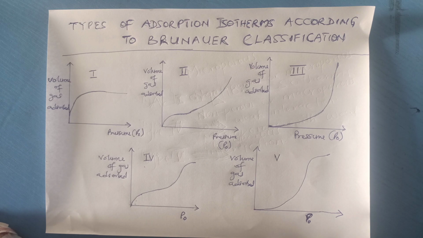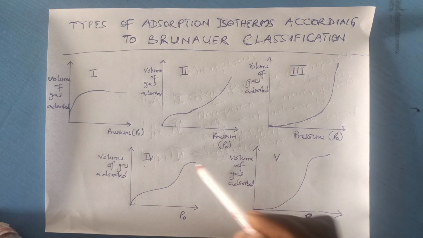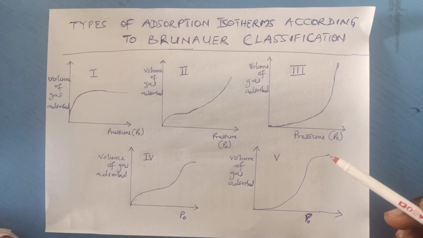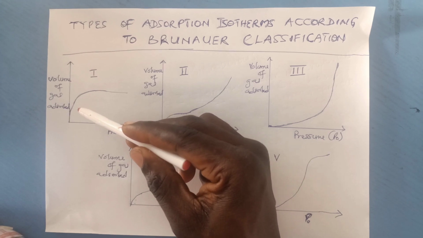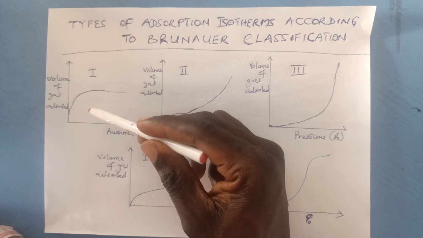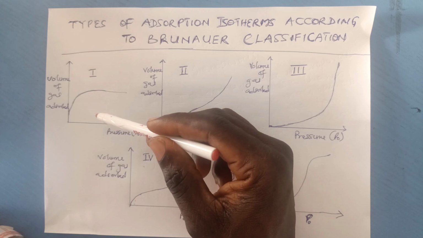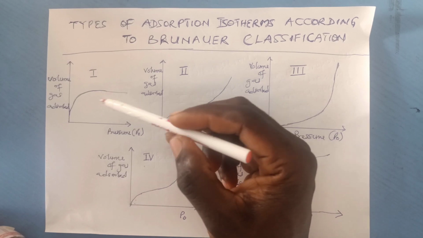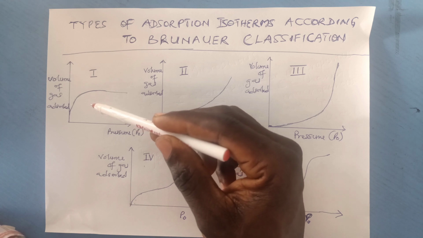The adsorption isotherms are shown here. You have adsorption isotherm 1, 2, 3, 4, and 5. Let me talk about adsorption isotherm 1. It is the adsorption isotherm that explains adsorption of gas molecules to an adsorbent having micropores, such as activated carbon. This kind of adsorption isotherm deals with a microporous adsorbent.